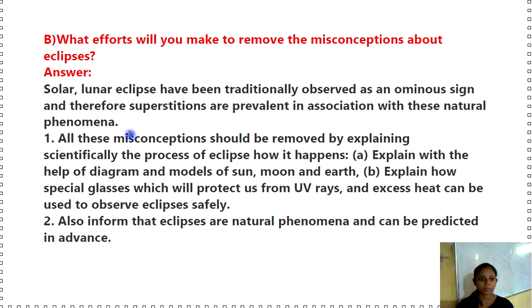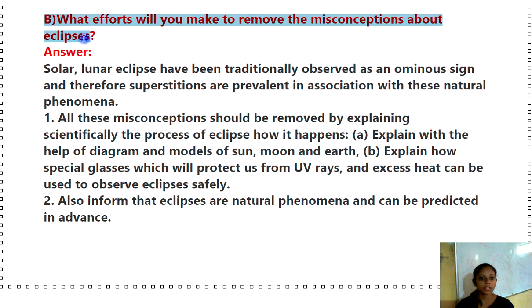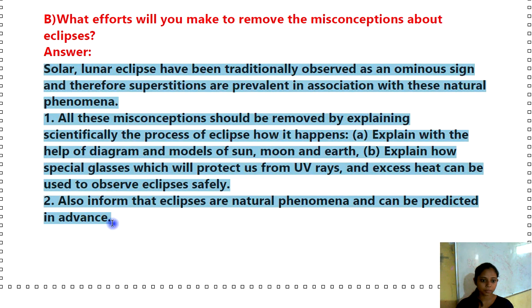Then next, what efforts will you make to remove the misconceptions about eclipse? Answer: solar and lunar eclipses have been traditionally observed as an ominous sign, and therefore superstitions are prevalent in association with these natural phenomena. All these misconceptions should be removed by explaining scientifically the process of eclipse, how it happens.